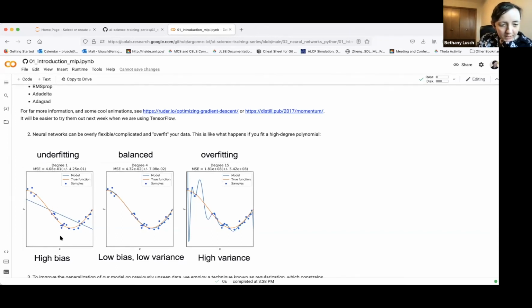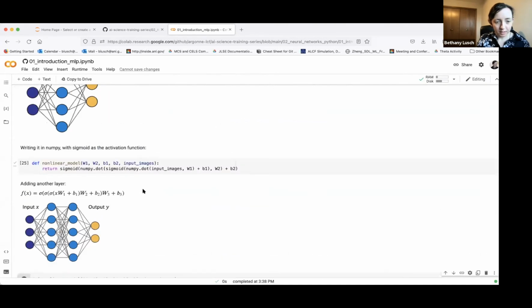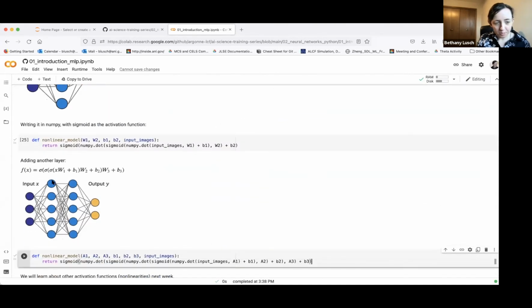So just like you can have this problem with polynomial regression, you can have this problem with neural networks. If your neural network is too simple, like it's only one layer, or it's linear, or the layer is not very wide, like when people talk about layers being wide, that's how tall this blue line is.